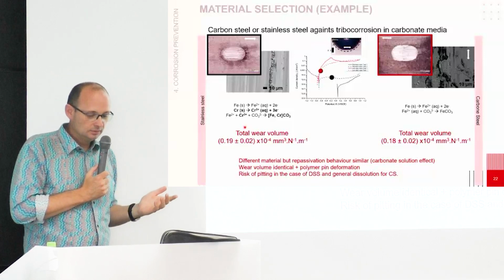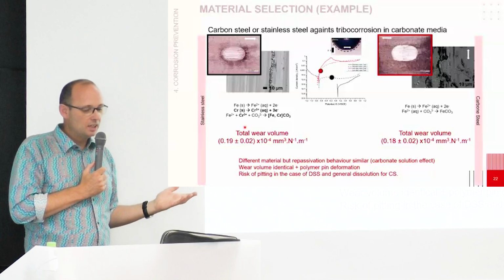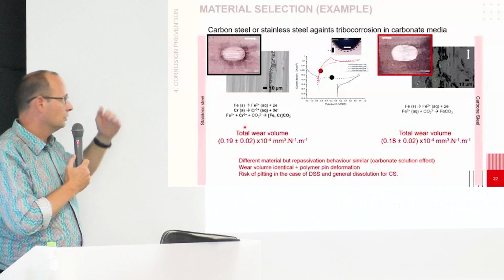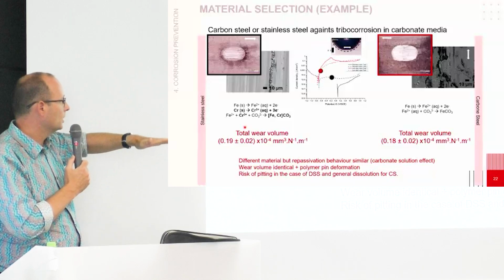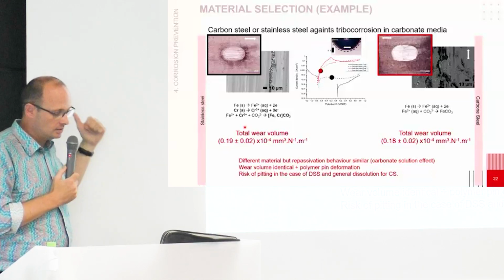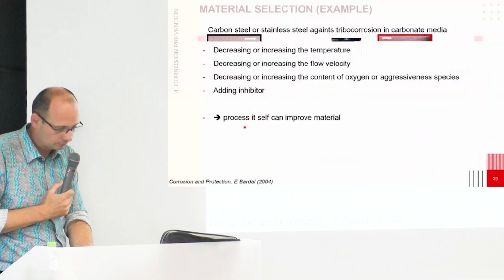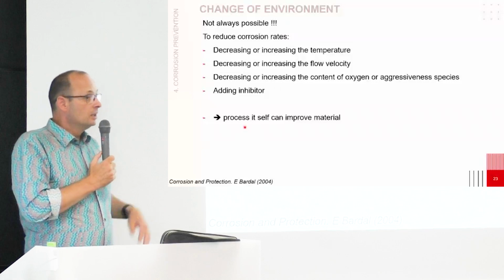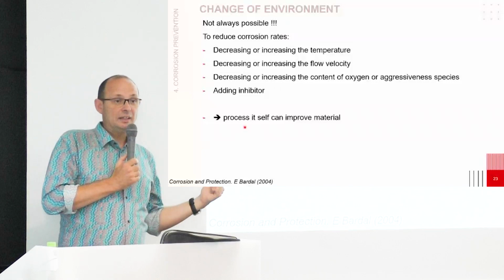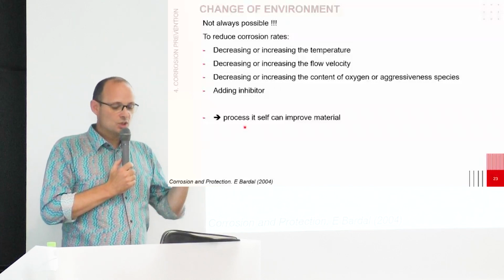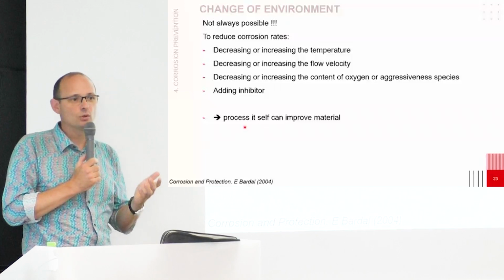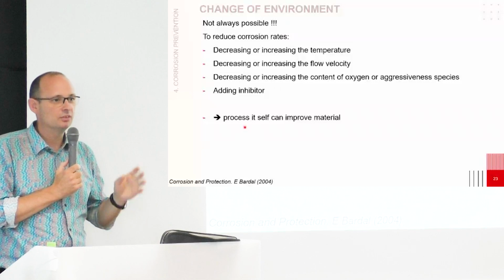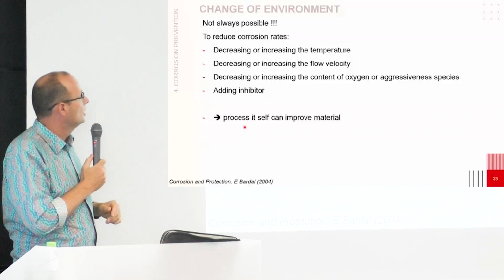So here, to solve this question, we have tried to answer several steps that I defined before. So that was changing the material. Now, if I try to change the environment, hopefully it's possible, though sometimes you are constrained.